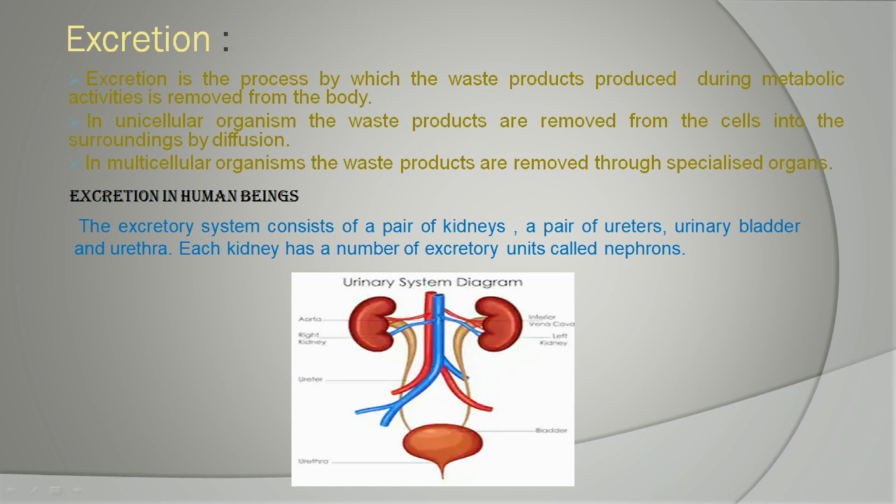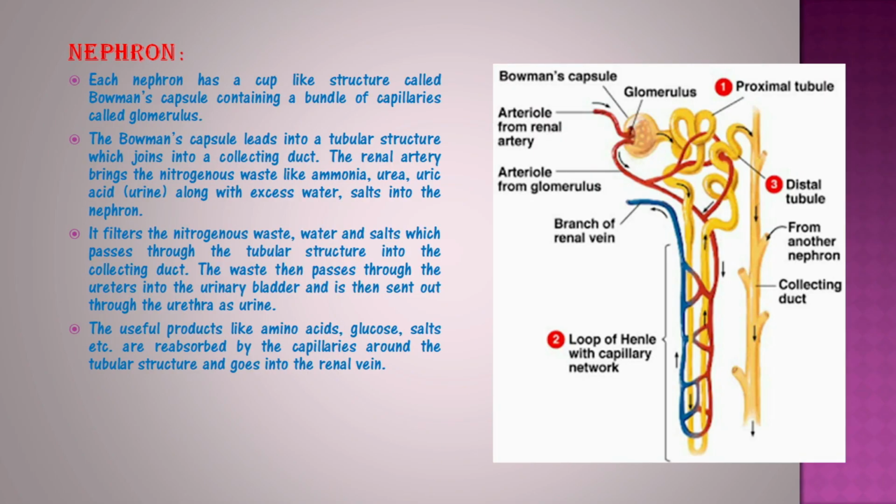Excretion is another important life process in organisms, where the unwanted waste products are excreted out. Excretion in human beings involves the excretory system. The kidney is the important excretory organ, which has millions of filtering units called nephrons.